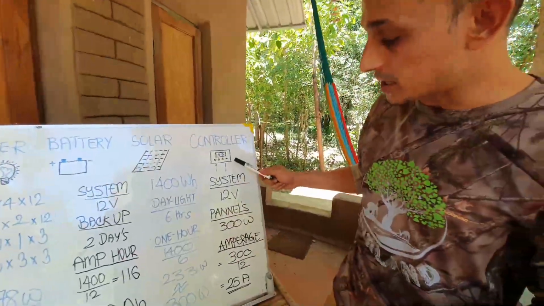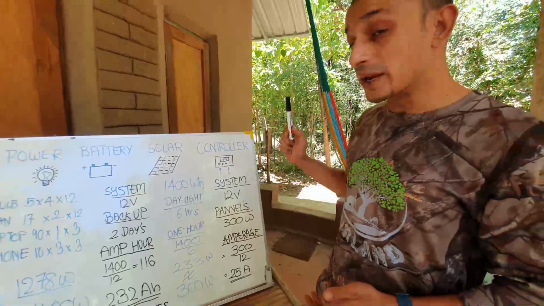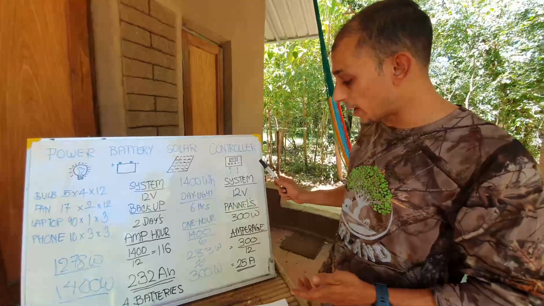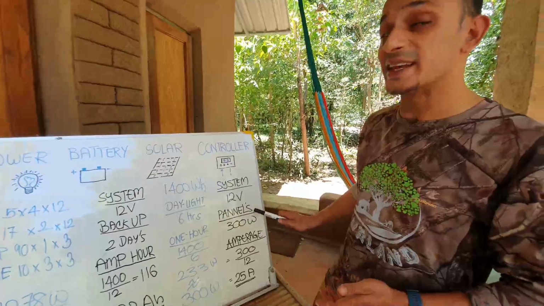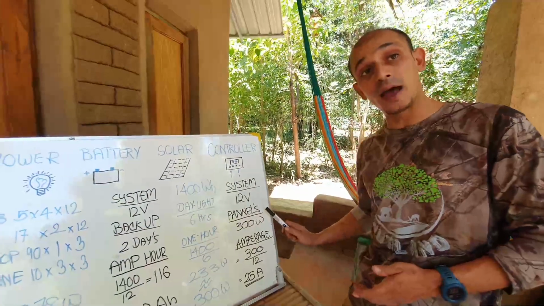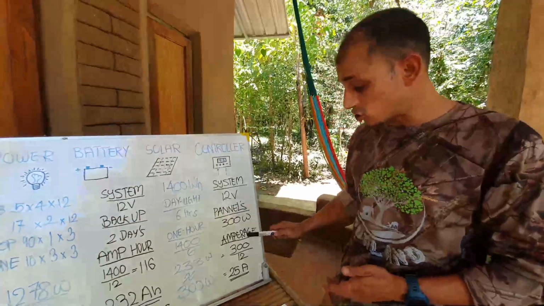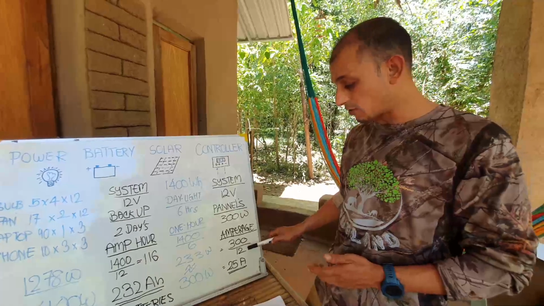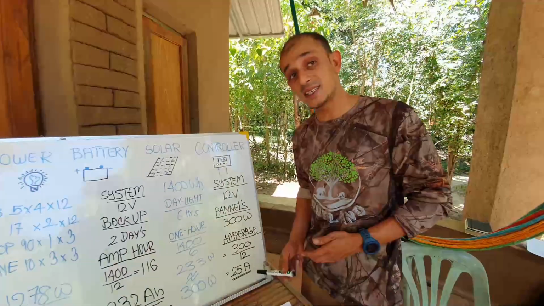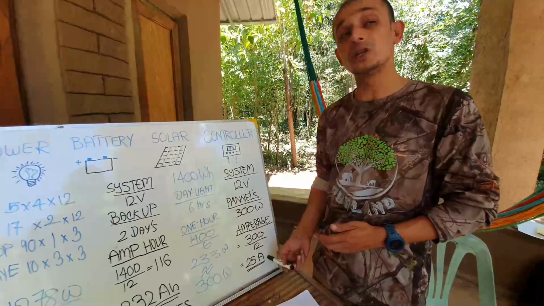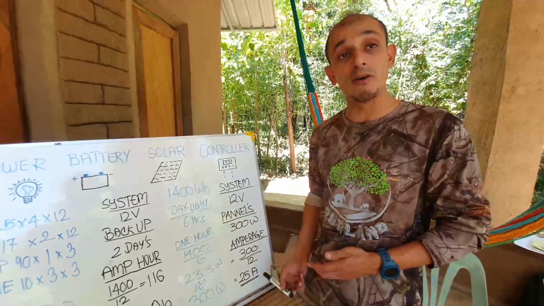We know our system is a 12 volt system. We know that we have solar panels at 300 watts. The easiest way to see the maximum ampere in the system is 300 divided by 12. So we know that this system at a very maximum will only generate 25 amps of load.